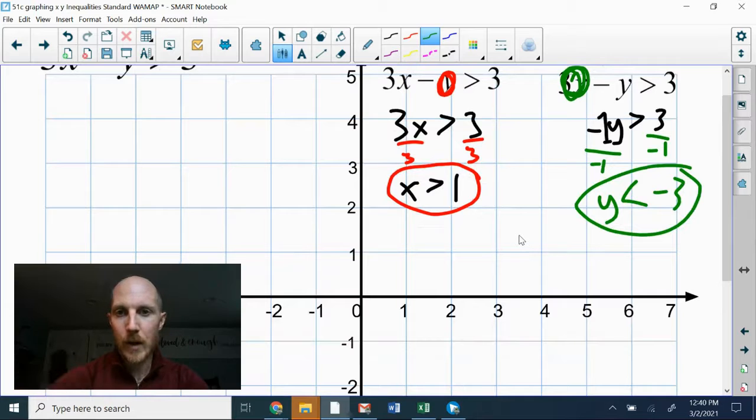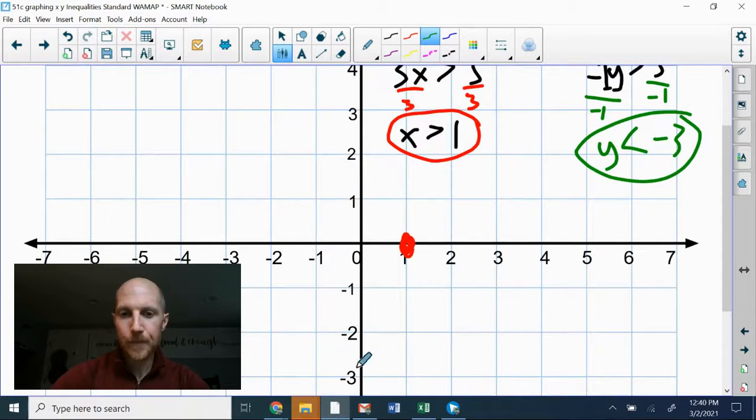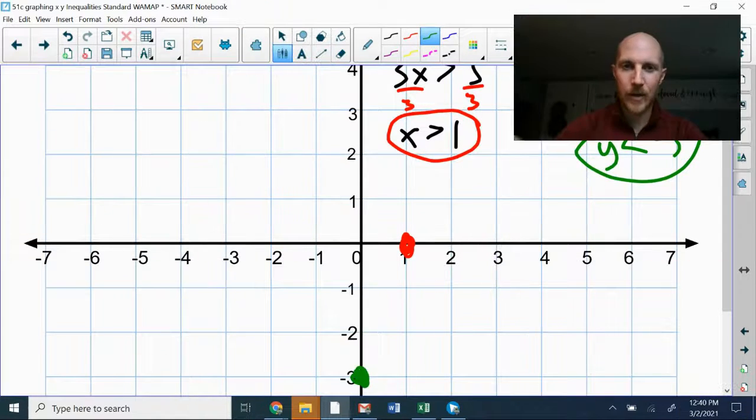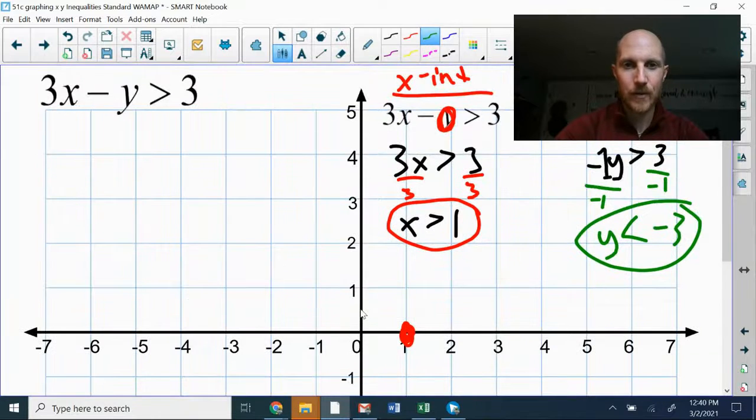Okay, let's put those 2 points on the graph. So my red x-intercept is going to go at +1. The green y-intercept, I need to scroll a little bit down here, at -3. Before I connect them, let's double check what style of line I should be using. So this inequality symbol means a dotted line. Right?